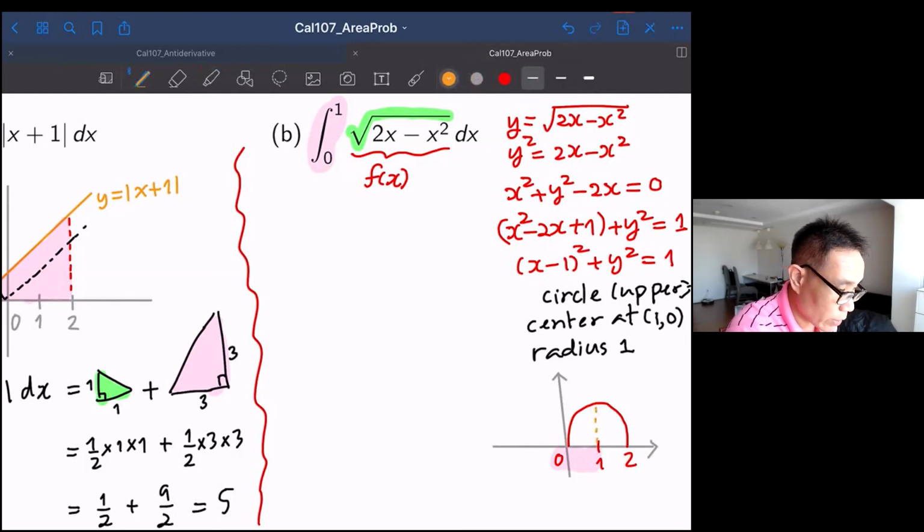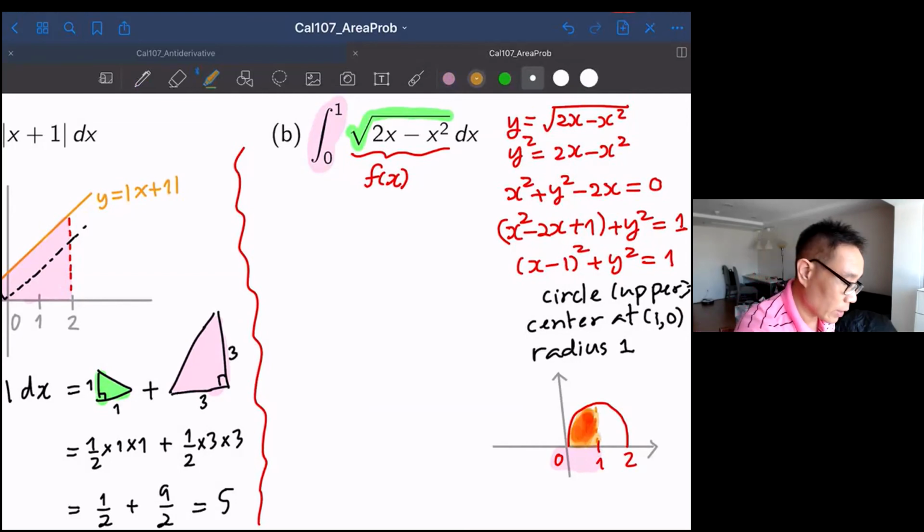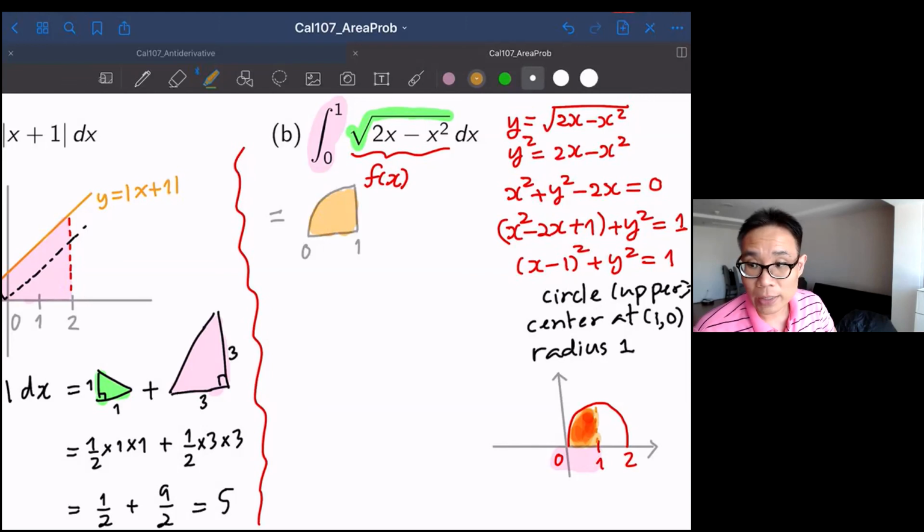So it's gonna be just this part. And so the area that you're looking for turned out to be only a quarter of the whole circle, from 0 to 1.